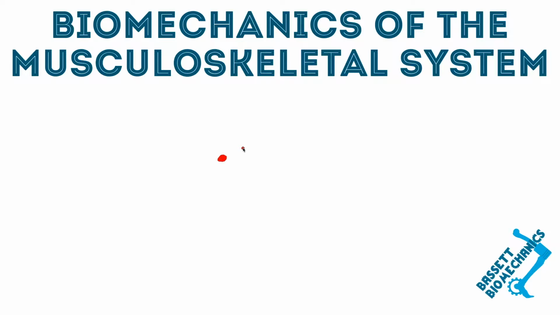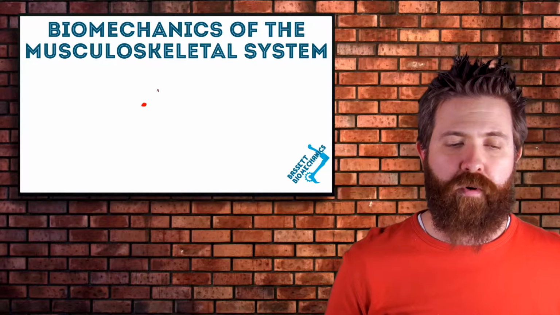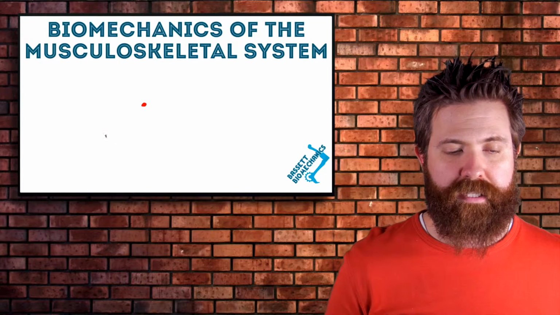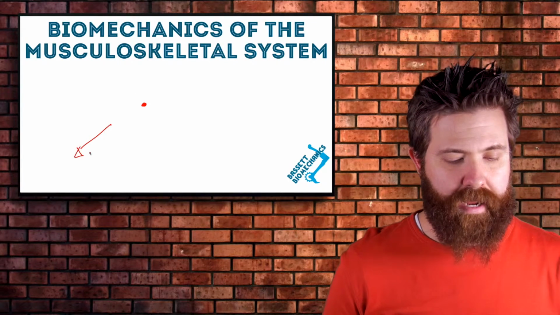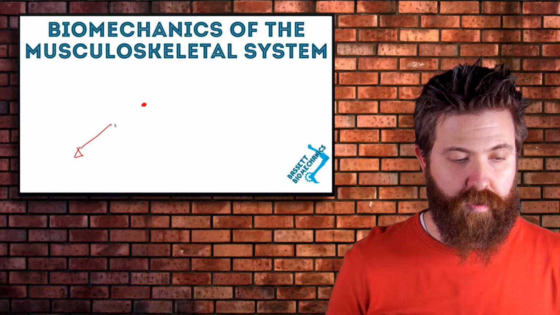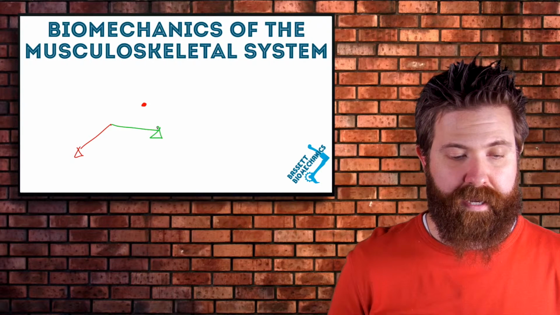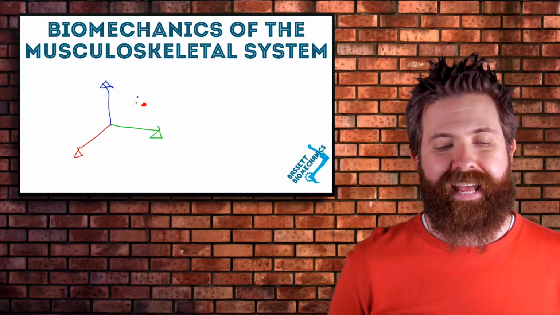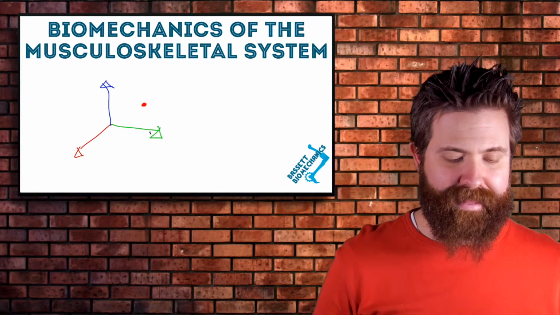If this is a point, well, let's just consider a point for now, and everything else stems from this principle. This point has a specific position, which, if we consider our x, y, and z coordinate system, it's going to have a reference within that.